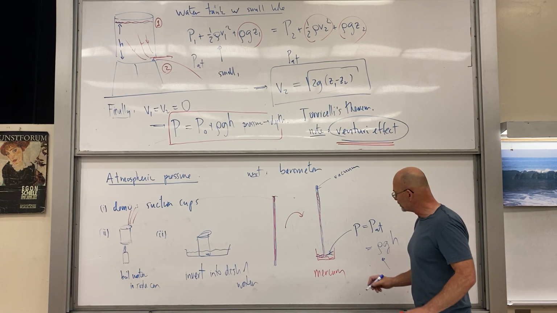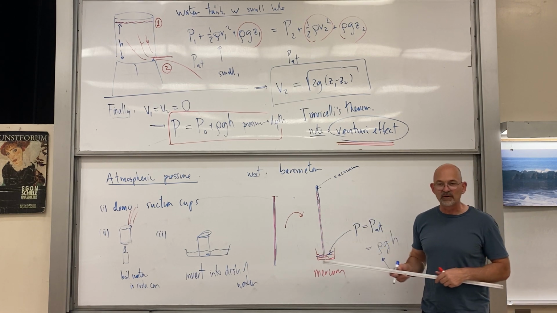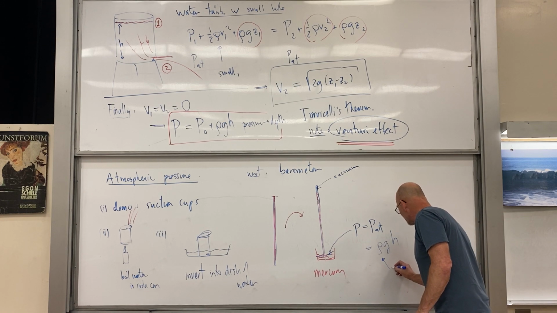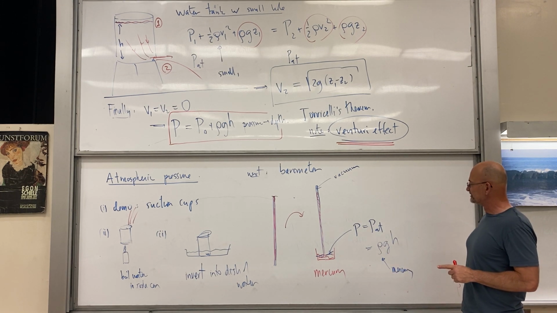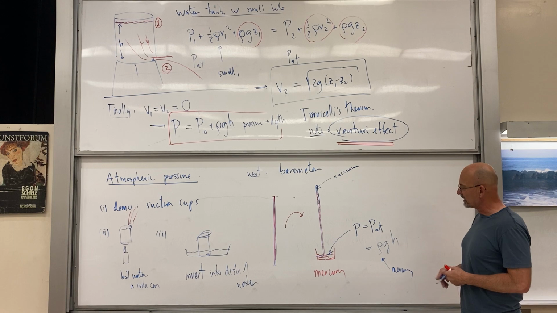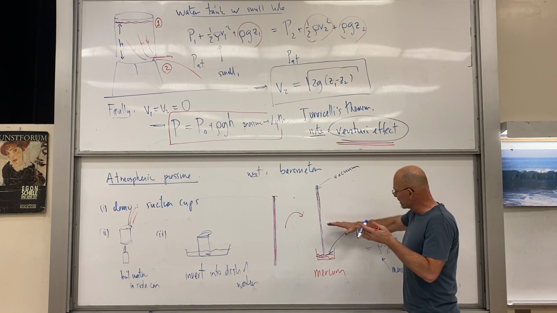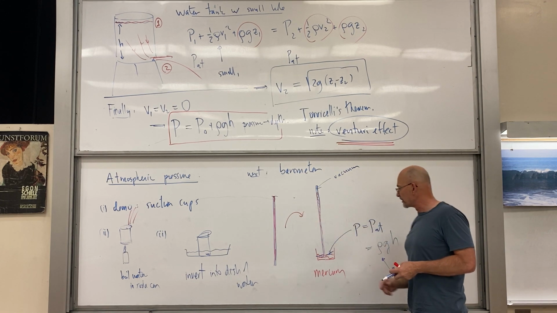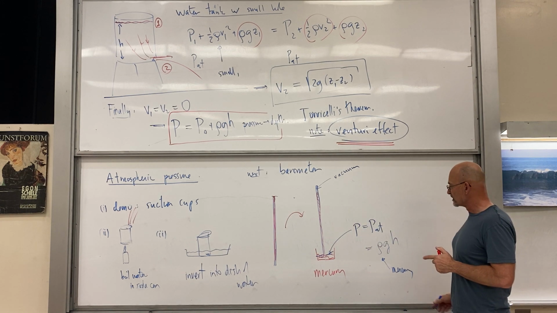And the reason you have to use mercury is that if you used water, that column would have to be roughly 10 meters. So rho g h, use mercury, and then this h is on the order of 1 meter. And it will vary. This is a practical barometer. As atmospheric pressure increases, that column will go up. As it decreases, that column will drop a bit. So that's how you measure your atmospheric pressure. That's your principle of the barometer.